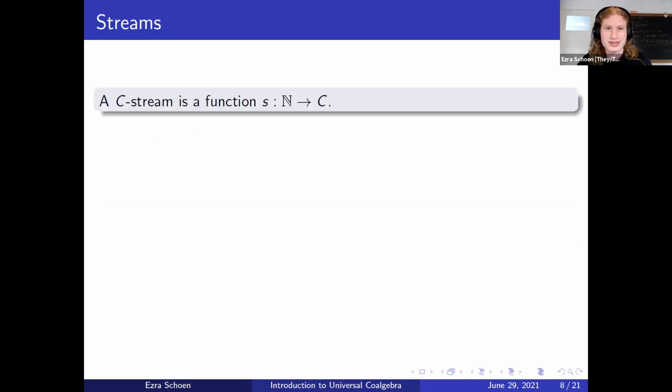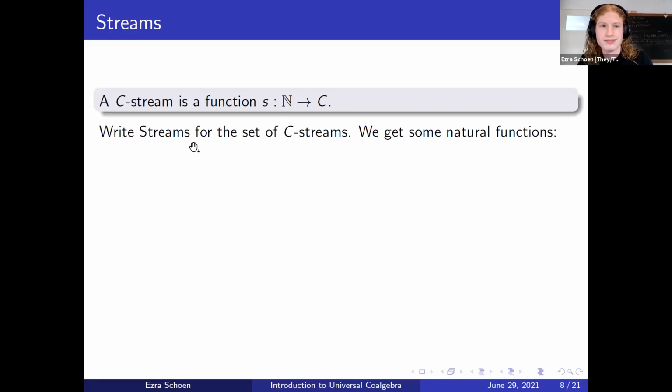And to do that, I'm going to introduce, maybe you could call it, the data structure of streams. Because, well, what's a stream? A stream is just an infinite list, or maybe an infinite sequence. So we fix beforehand some set of colors, and a stream is just an infinite sequence of such colors.